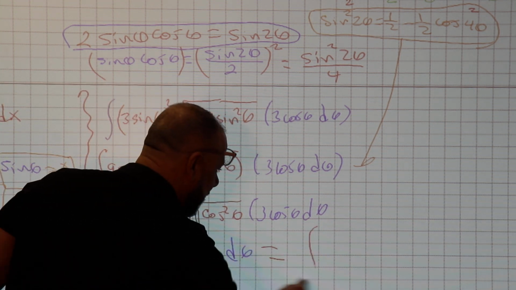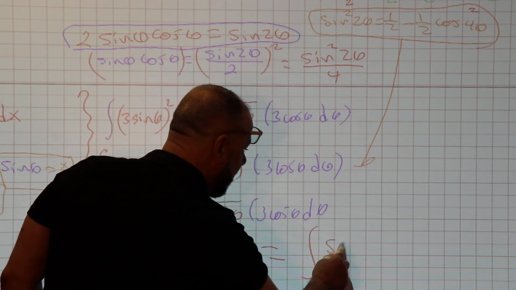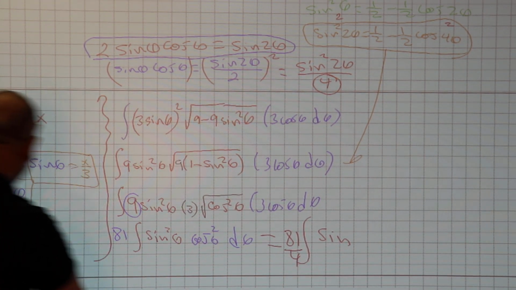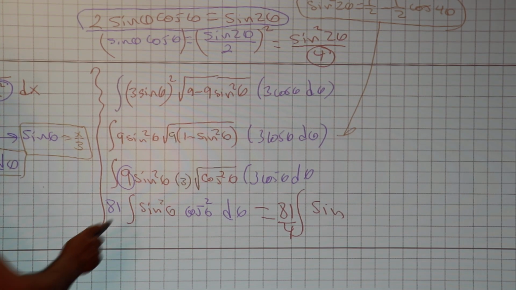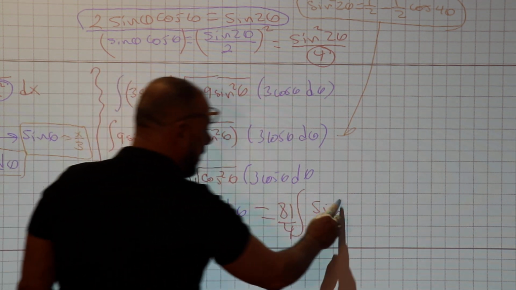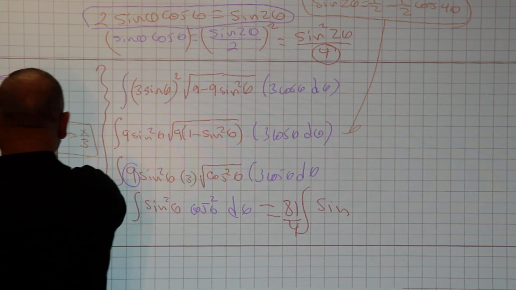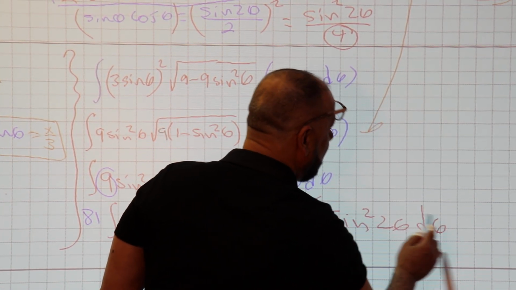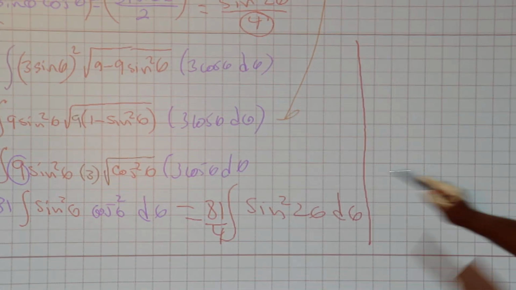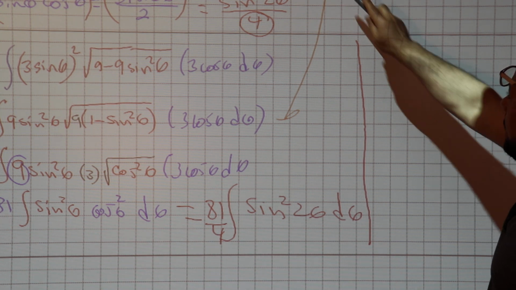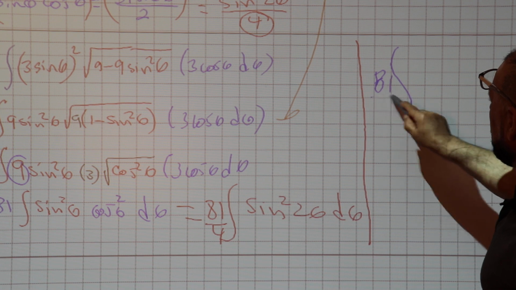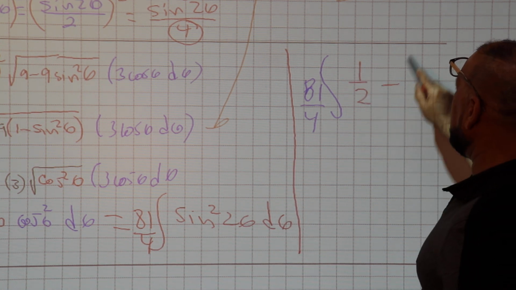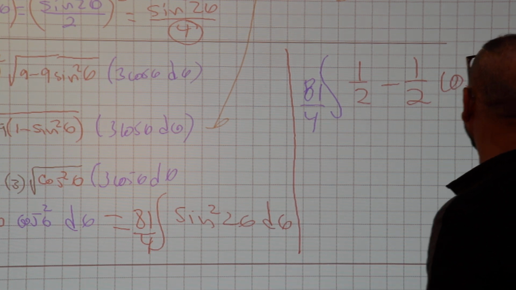This guy equals the integration of 81, and we have the 4 here, right? 81 over 4, the 4 comes from here, sine square 2 theta, which is half minus half cosine 4 theta, d theta, which is the last step. Good?